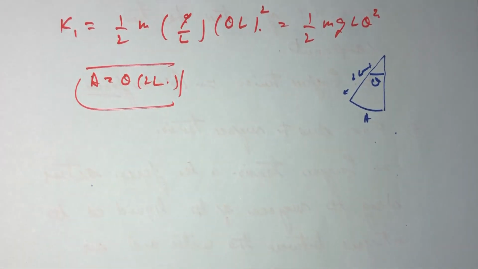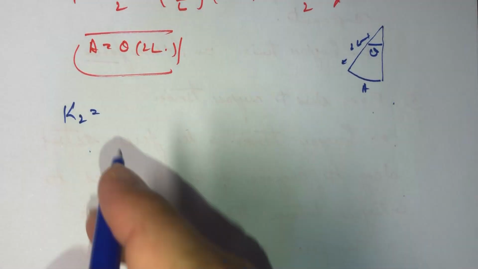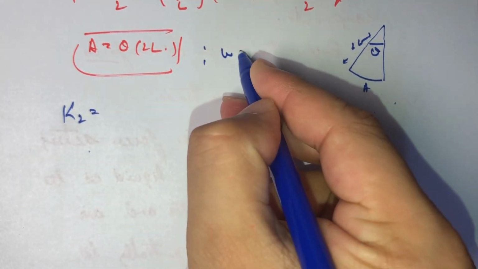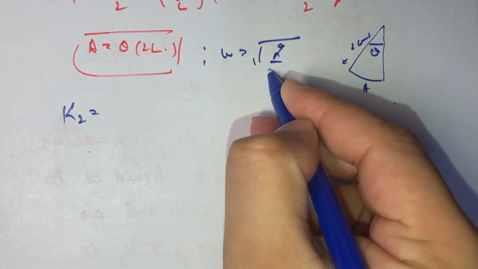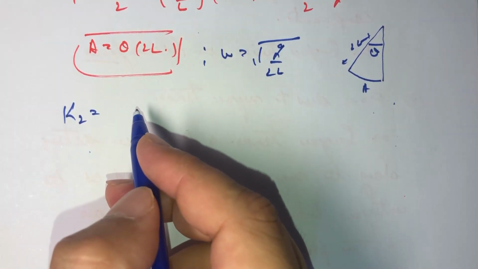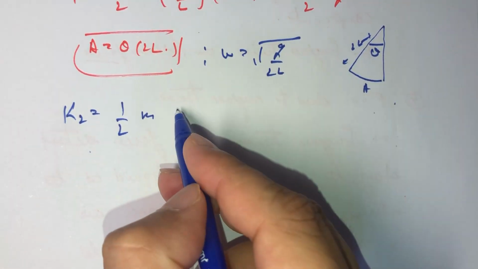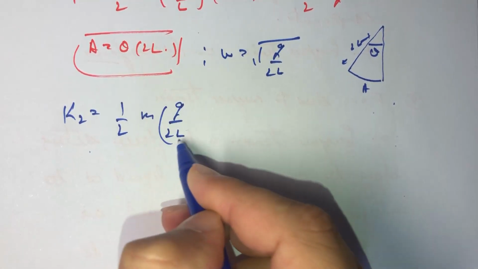Now we are going to get K2, where omega will be equal to square root of g upon 2L.